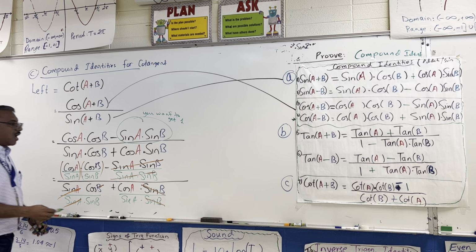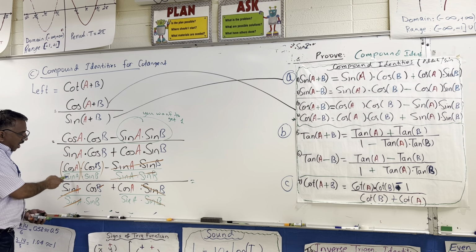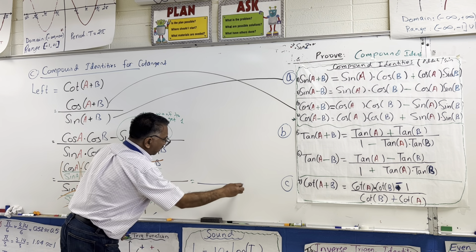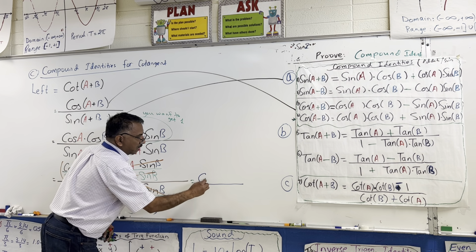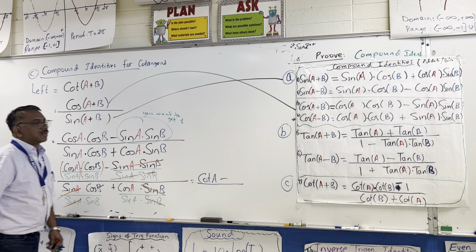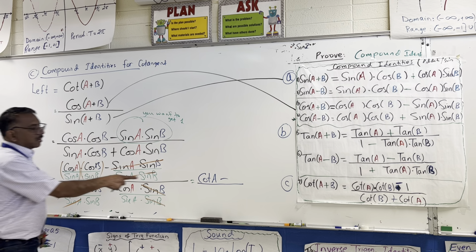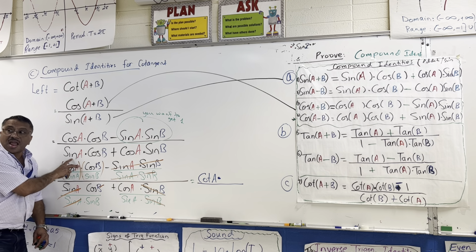And finally the answer is cosine over sine. What is cosine over sine? Cotangent. So cot A times cot B, minus, right? Sorry, not minus. You are right, this one. I'm so sorry. It's this times that.